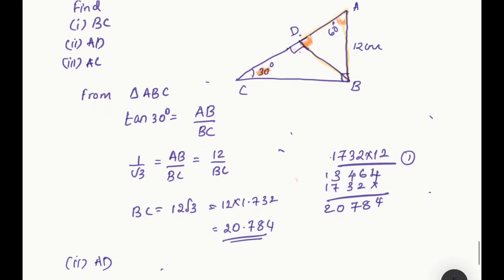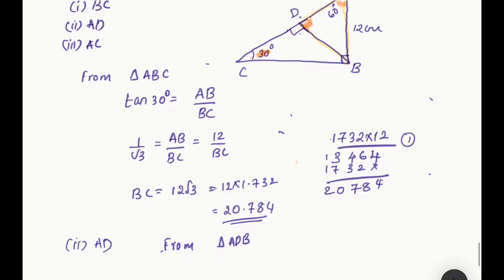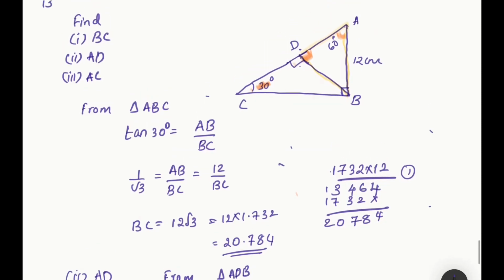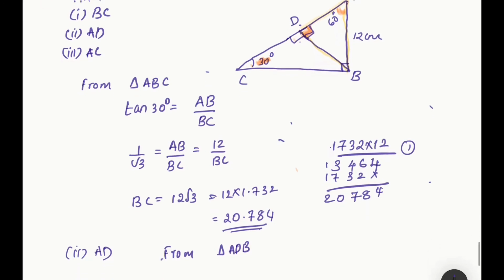So using that method, from triangle ADB, you have AB. Correct? What is your AB here? AB will be your hypotenuse. Since this is 90 degree, AB will be your hypotenuse, and you have to find out AD. AD is your base.